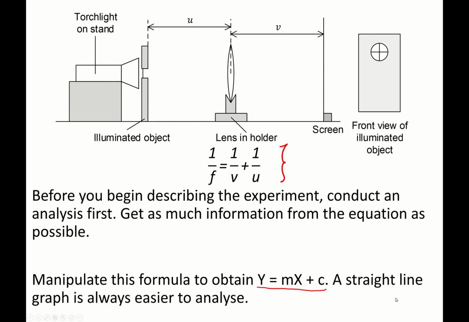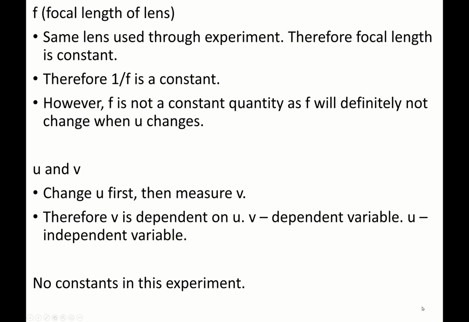So coming back here, from the equation, we can tell f is the focal length, right? That's because we are using the same lens throughout the whole experiment. So in a way, focal length will remain constant. And when focal length remains constant, 1 over f also remains constant.